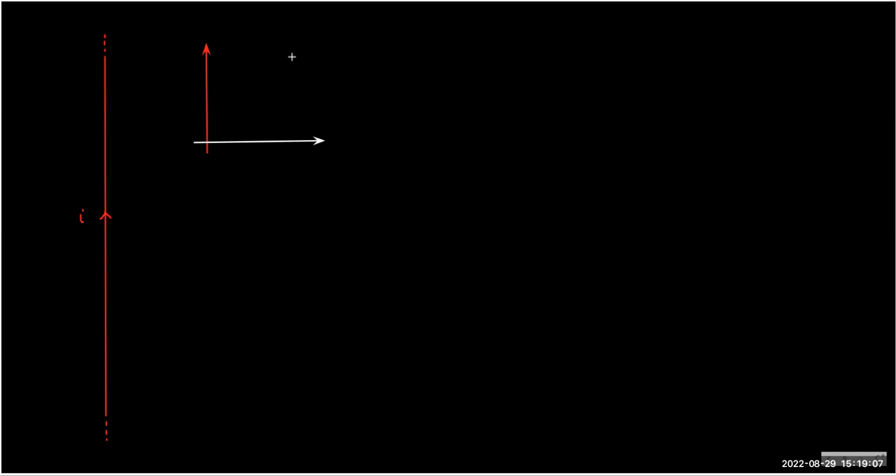Now our frame is S dash, which itself is moving with velocity v.